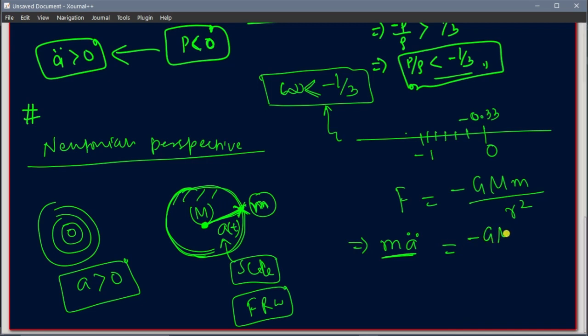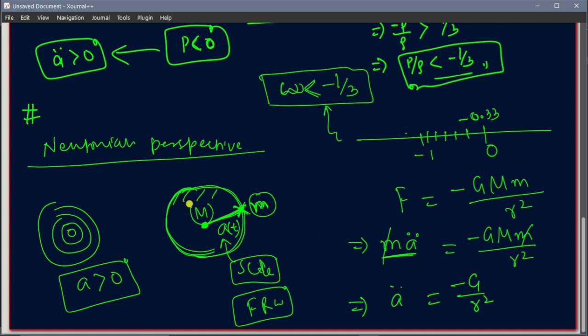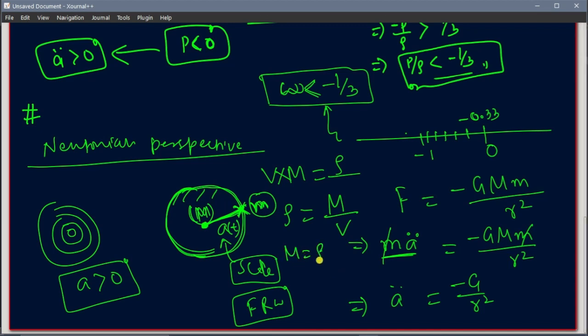Therefore I can simply express it this way. The test mass will be gone, and hence we have a double dot is equal to minus G M over r square. Now we have the total mass of the universe. Because we have the geometry, I can express mass in terms of rho, which is equal to M over V. Therefore mass will be rho times volume.